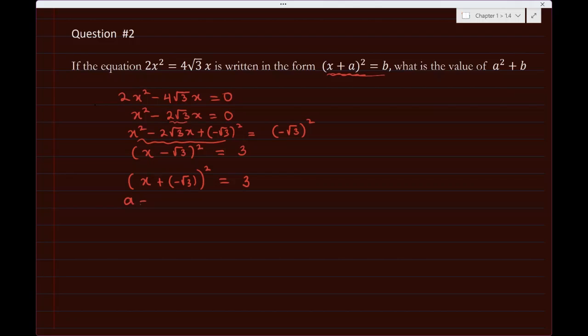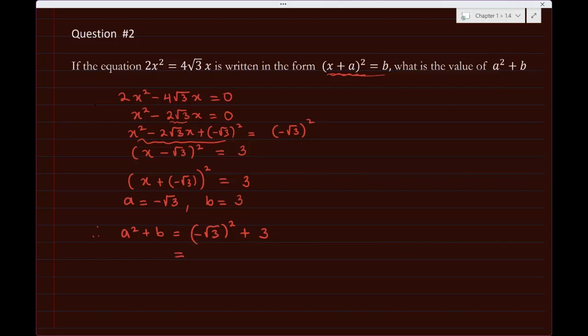So it means that A here is nothing but minus root of 3. And B is just the right-hand side, which is 3. But the goal is to find A squared plus B. So that is minus root 3 all squared plus B, which is 3.